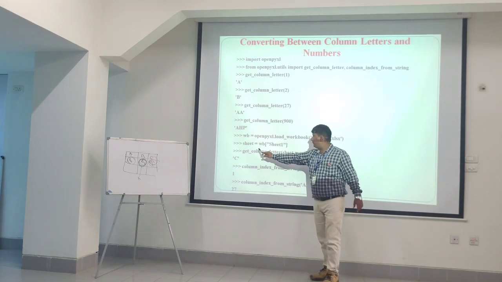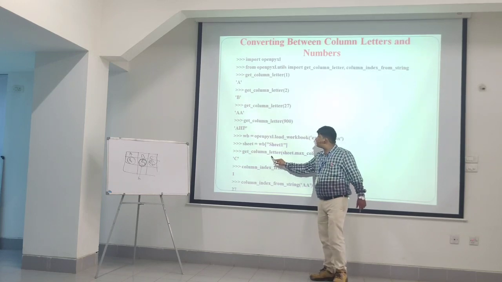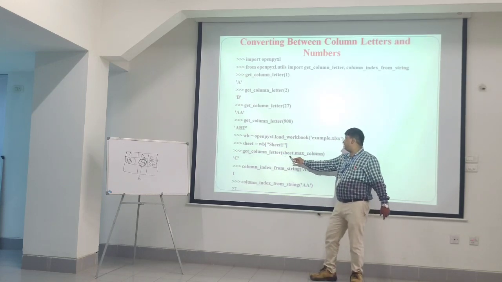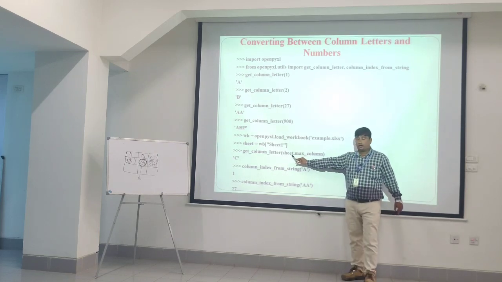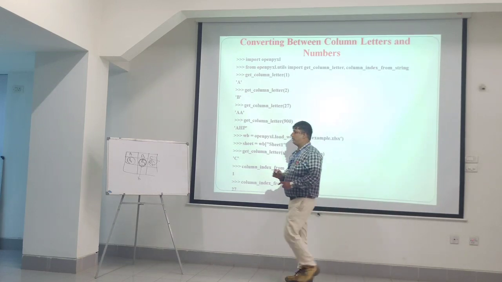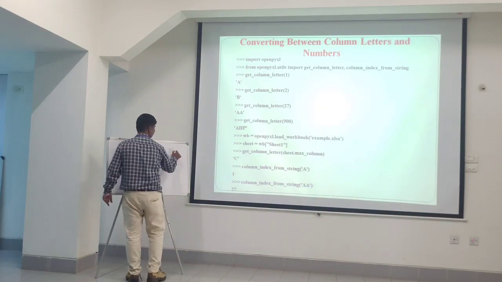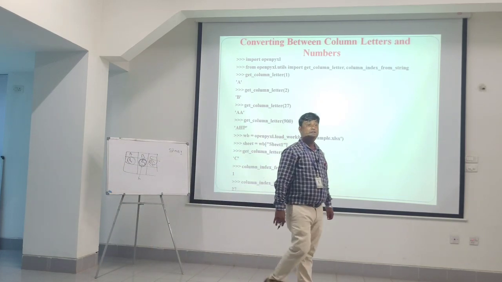Next, ignore it. get_column_letter, and I am passing another built-in method, sheet dot max_column. In sheet 1, how many columns am I using? Maximum columns is 3.